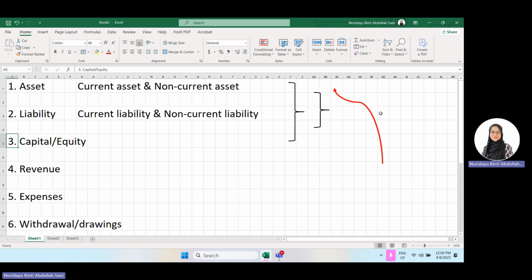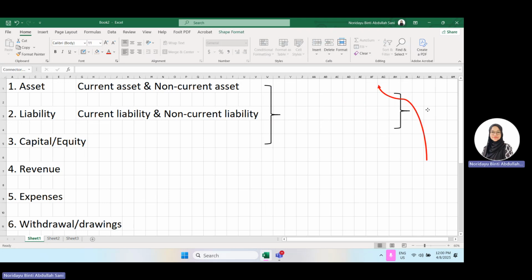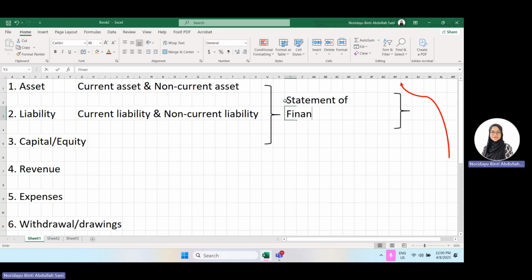So basically, when we have these three components, okay, these three will be included in preparing our statement of financial position, or I used to call it SOFP, Statement of Financial Position.